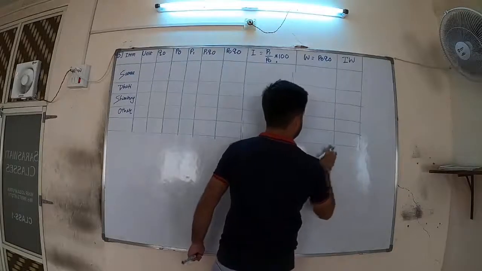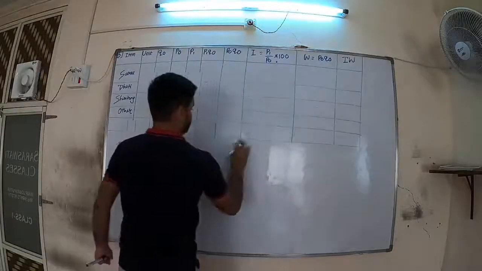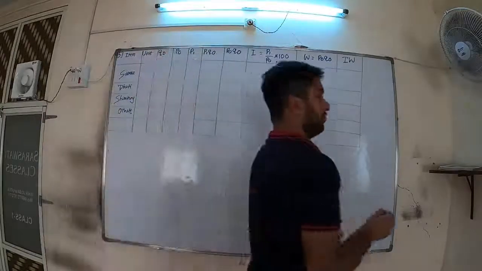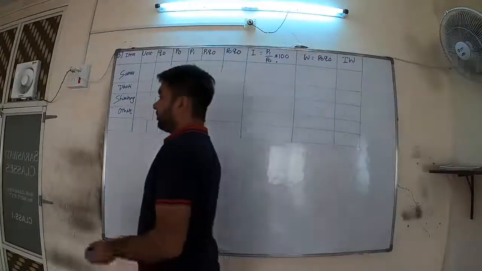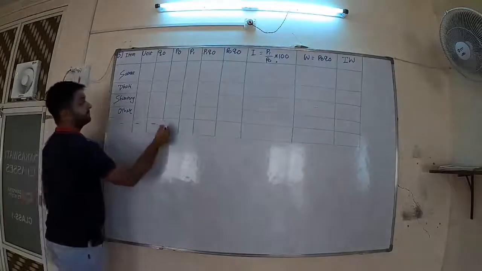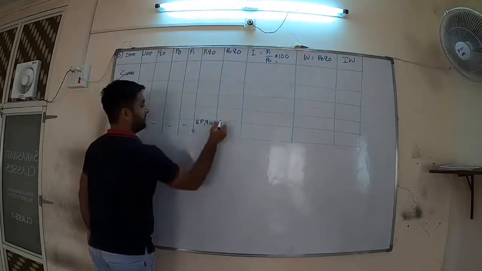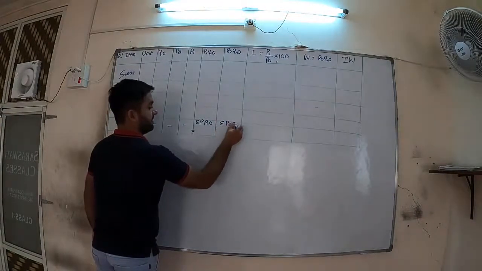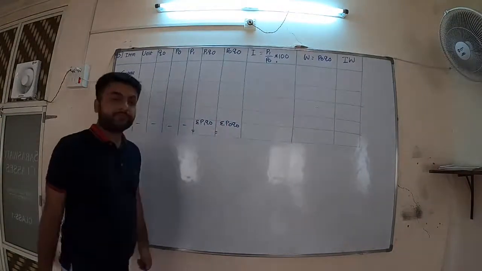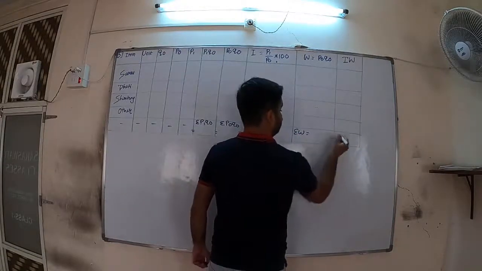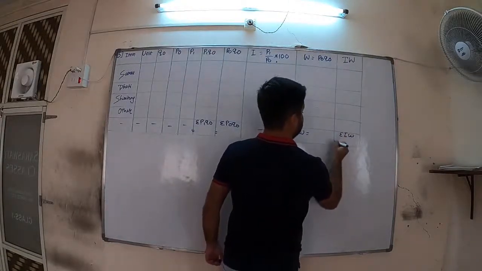Okay, so these are the columns. Now to draw the totals: Sigma P1 Q0, Sigma P0 Q0. I is not written. Sigma W, and finally Sigma I.